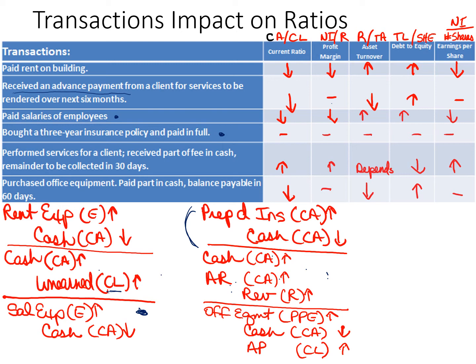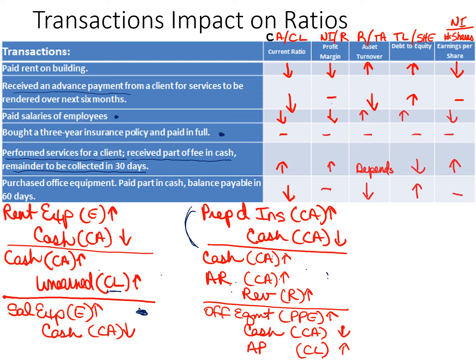What about performed services for a client, receive part of the fee in cash, the remainder to be collected in 30 days? Well, that means I'm going to debit cash for the amount of cash I received. I'm going to debit accounts receivable for the remainder. Those are both current assets. They're both going up. Revenue is being credited because I've earned it.